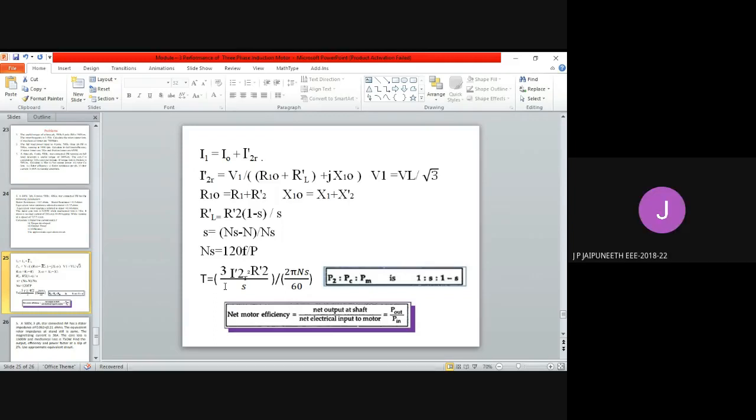Once again, sir, I'll cross check one last time. 49.14 into 49.14 into 3 into 0.15, this R2' is 0.15, divided by 0.03.